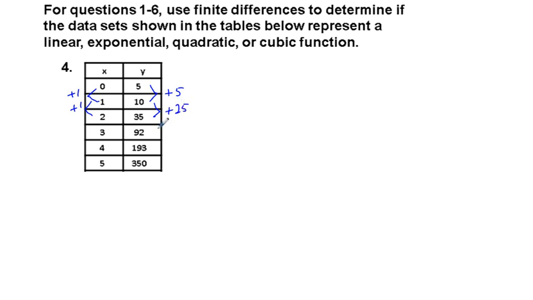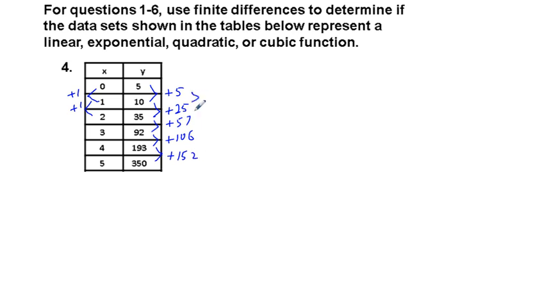Then 92 minus 35, what is that going to be? That's going to be plus 57. Is that right? Yeah, I think so. Then we have 192 minus 92, that's plus 106. Then we have 350 minus 198, which would be plus 152.